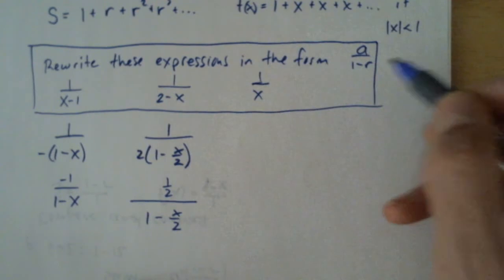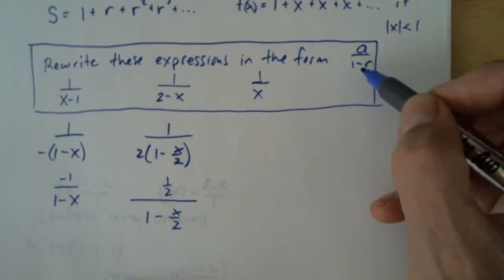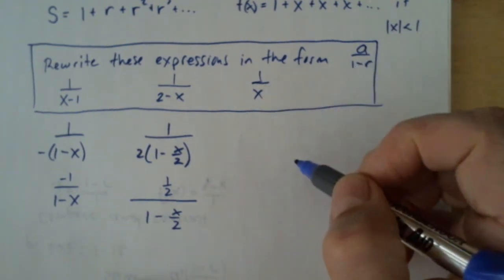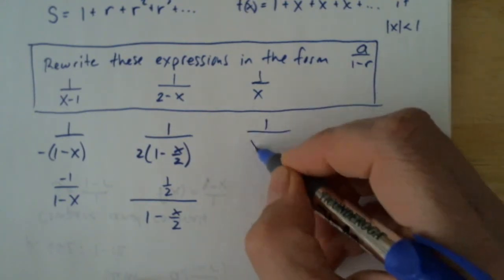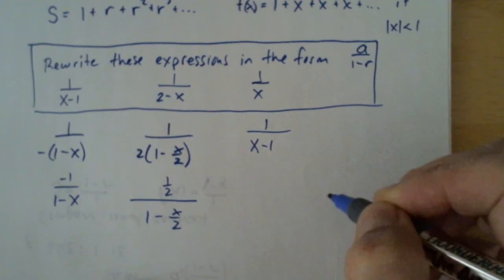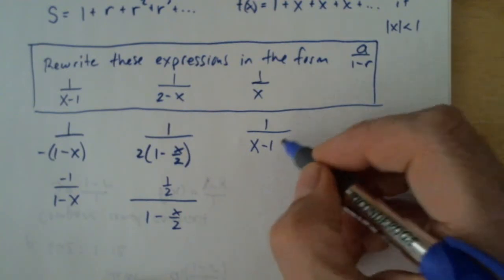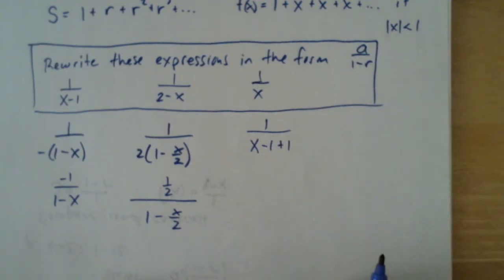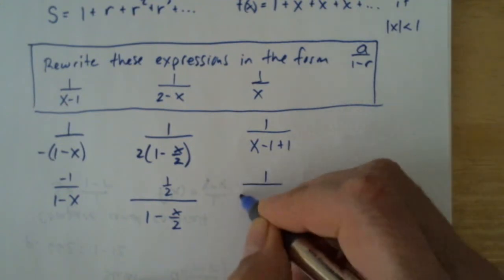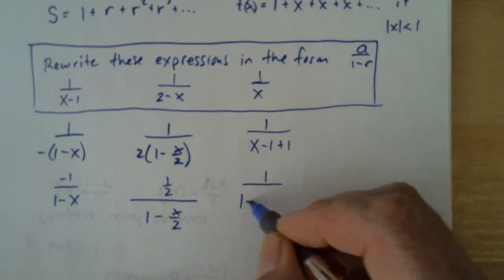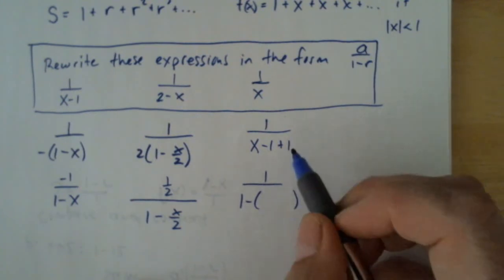Here we don't have a binomial in the denominator, so we can be creative and just put a 1 there. Well, that's not right. We can't just subtract 1, so we'll add 1 also, and then just rearrange it as to what we need. We want to have the positive 1, so it has to be a positive and a negative.